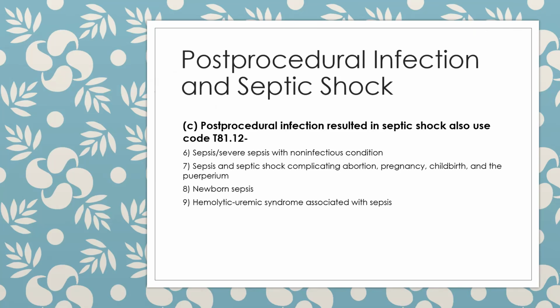Remember, when both the associated non-infectious condition and infection meet the definition of principal diagnosis, either may be assigned as the principal diagnosis. Also remember, only one code from R65, symptoms and signs specifically associated with systemic inflammation and infection, should be assigned.